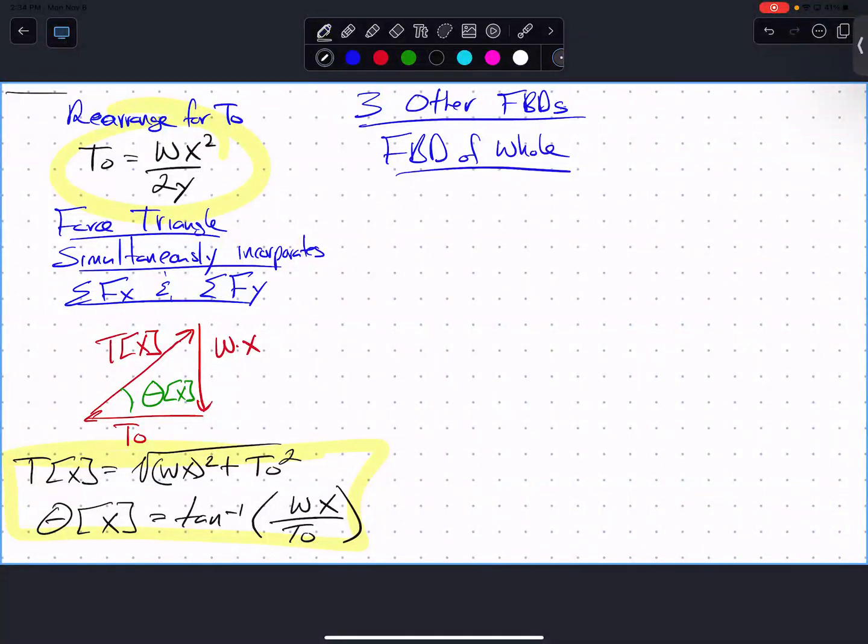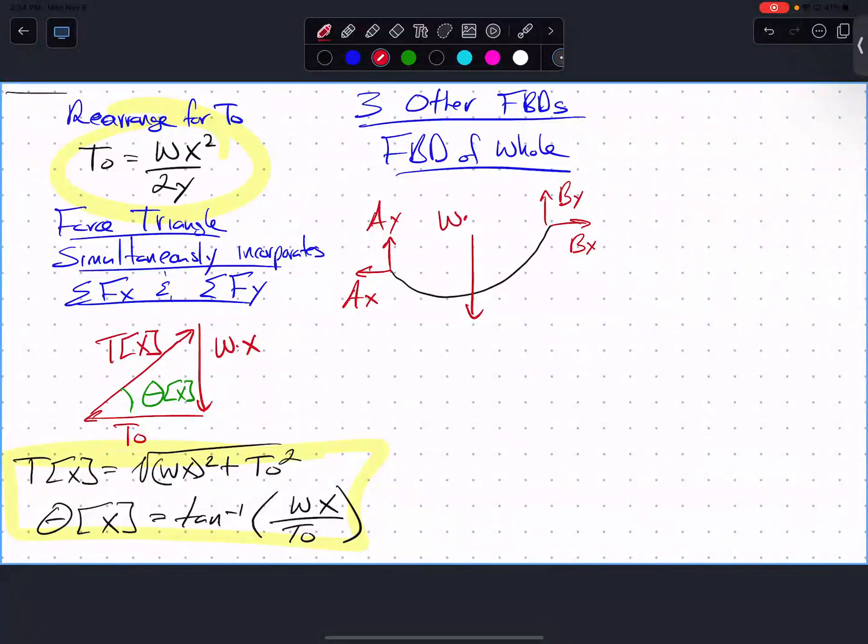The FBD of the whole will include an AX and an AY, a BX and a BY. Notice they're all going away from the cable. They're all in tension. We would have a W times L on there, and it would be located at a distance of L over 2 and L over 2.